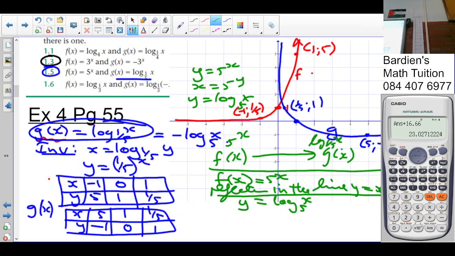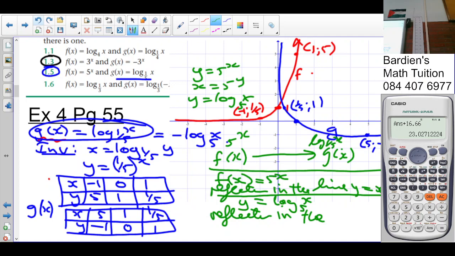Is y is equal to log x base 5 the same as the one here? No. So how do I get from there to here? If it's reflected in the y-axis, x becomes negative.